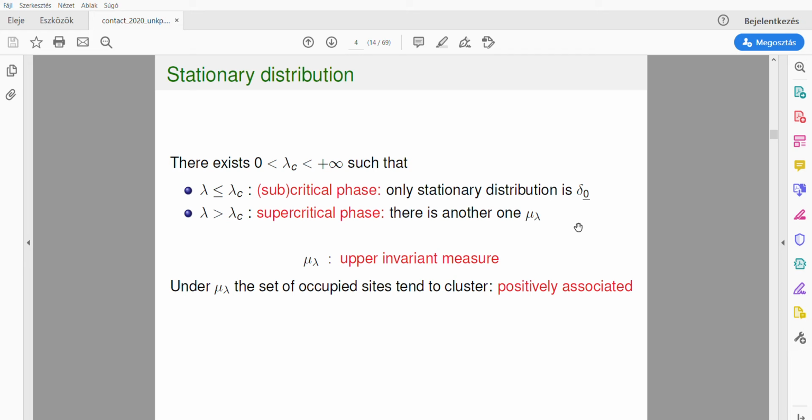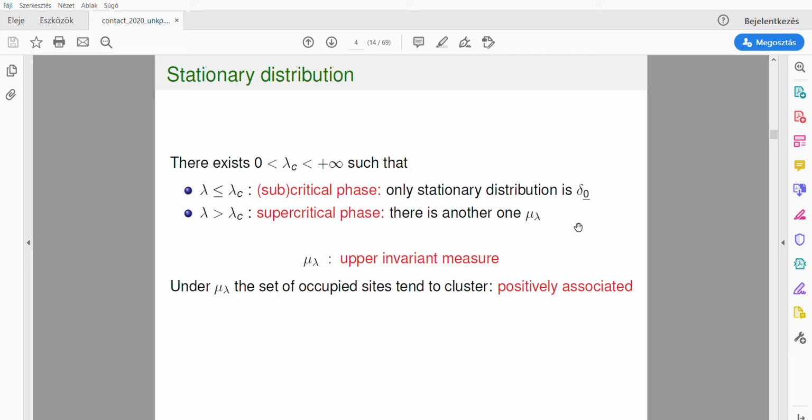This is a random state, quite similarly to the Bernoulli percolation, which was also a random configuration of zeros and ones. It's just now we call ones infected and zeros healthy, as opposed to Bernoulli percolation where we called the ones occupied and the zeros vacant. But this mu lambda is a probability distribution on configurations of zeros and ones.